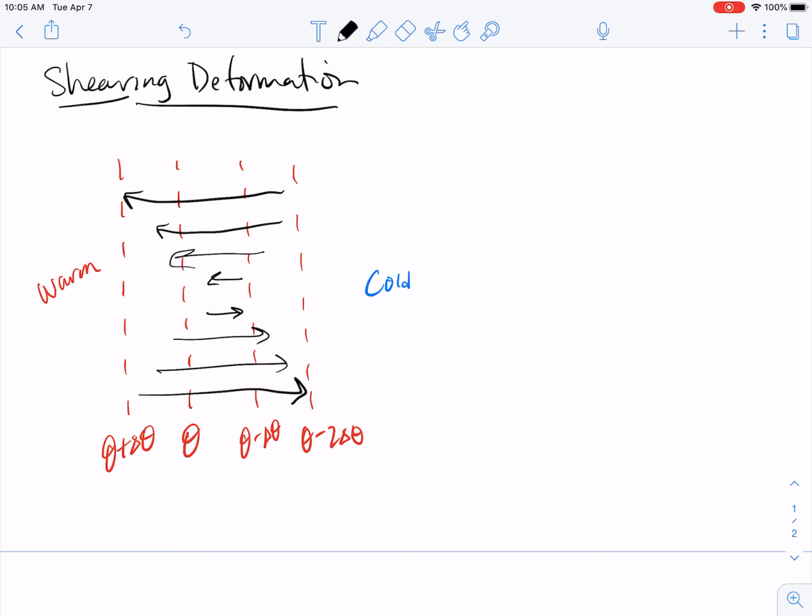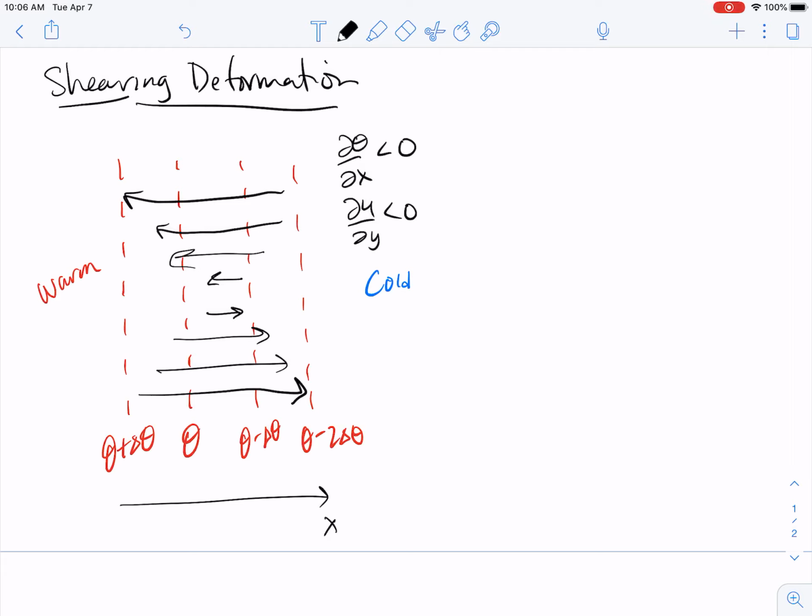And so here we're going to have d theta dx as less than 0. Right, because our temperature is getting colder as we go in the positive x direction. And here in this case, du dy is also less than 0 because it is becoming more negative as we go in the positive y direction.